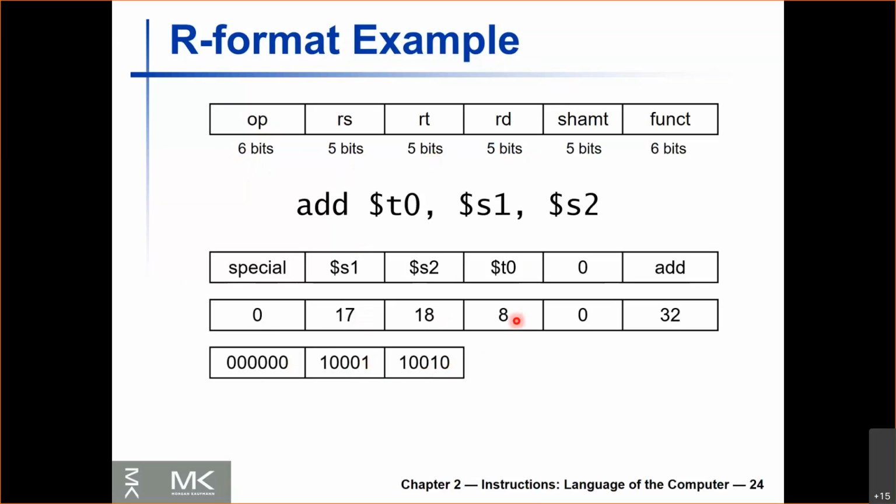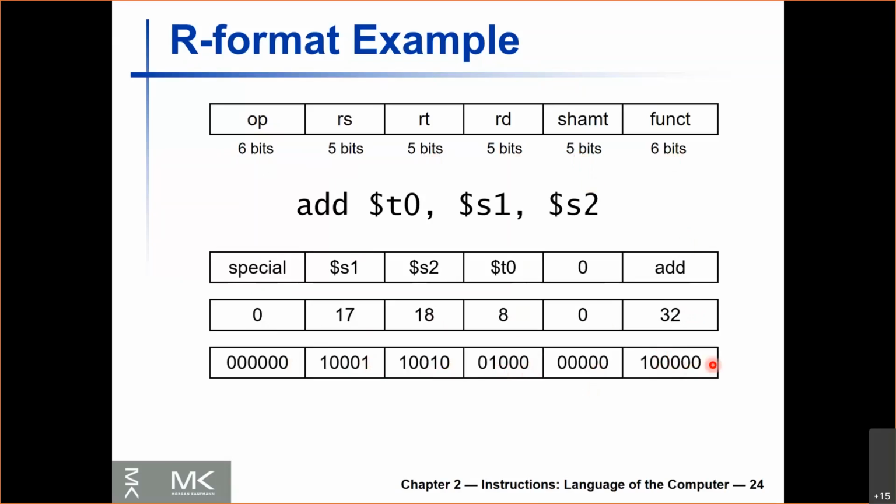And then I want 8 as a 5-bit binary number. Well, that's going to be 01000. Then I want 0 as a 5-bit binary number, so that's going to be all zeros. And then finally, I want 32 as a 6-bit binary number, so that will be 100000.